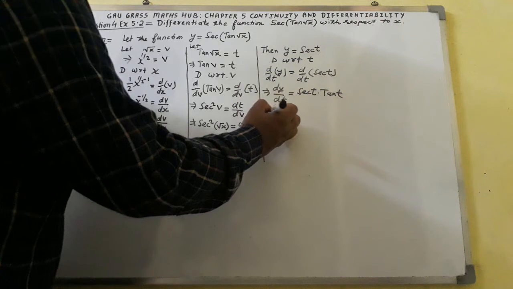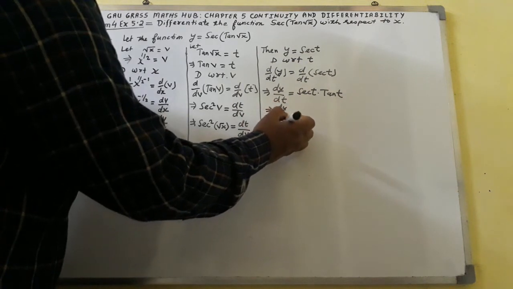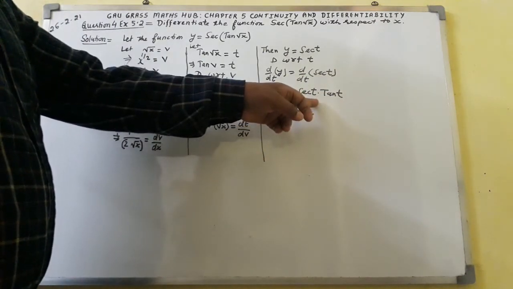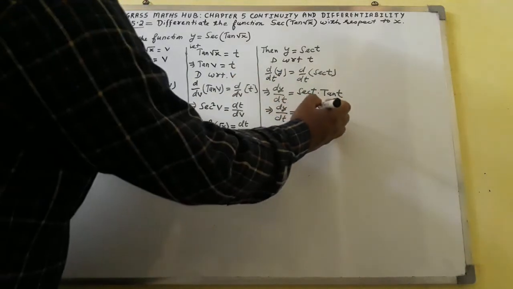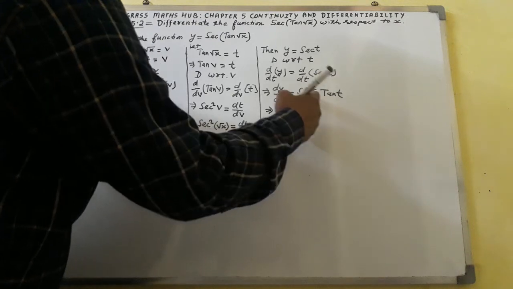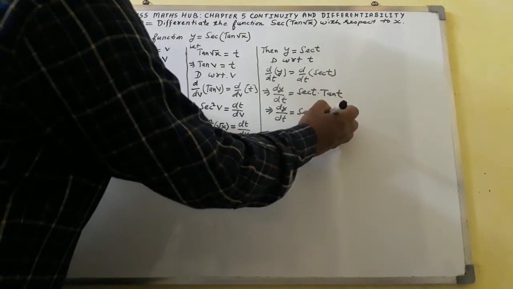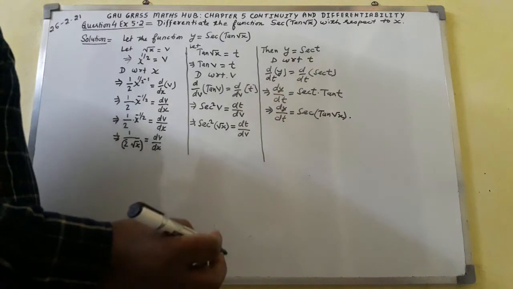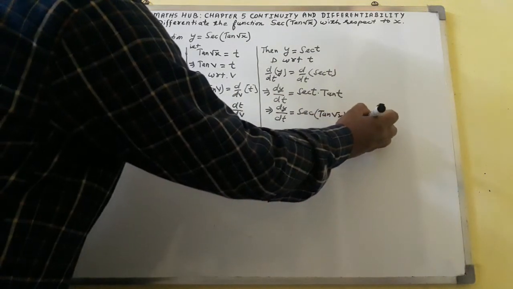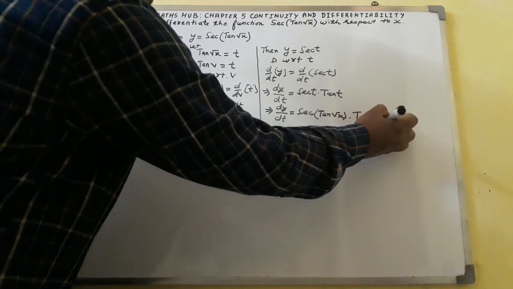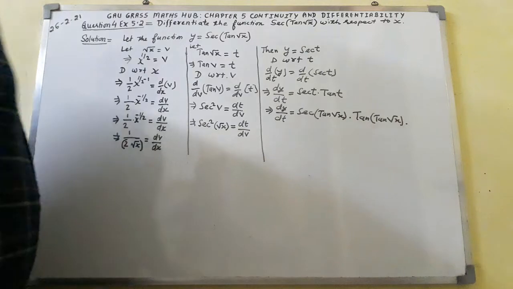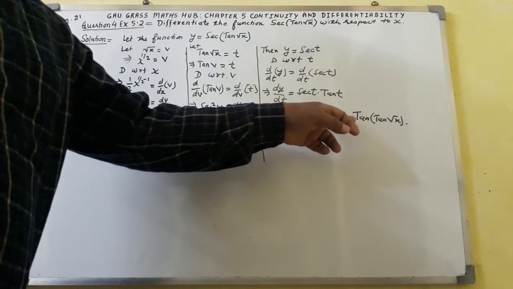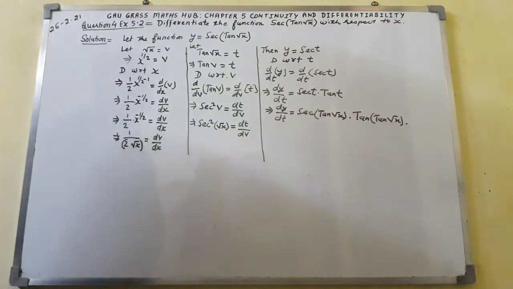In place of t, I shall write tan √x. So dy/dt equal to sec(tan √x) times tan(tan √x). This thing we have got.